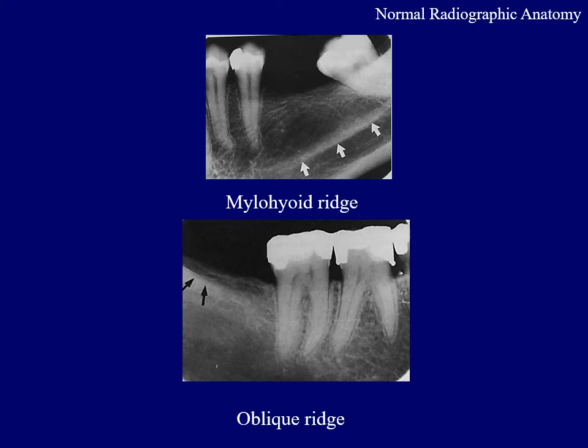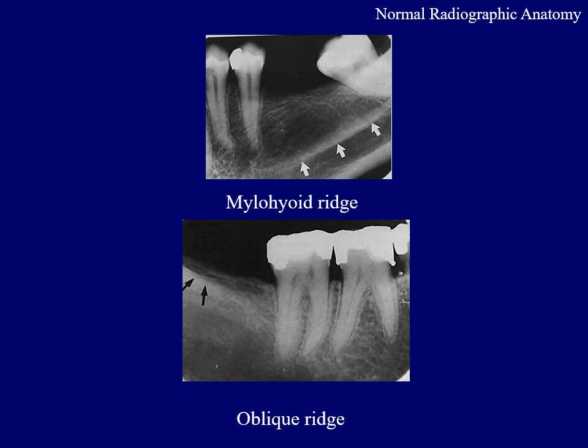Coming down to the next normal anatomical landmark, the mylohyoid ridge. The mylohyoid ridge is an irregular crest of bone seen on the lingual surface of the mandibular body. It extends from the third molar region to the chin region of the mandible. This is seen for the attachment of the mylohyoid muscle.